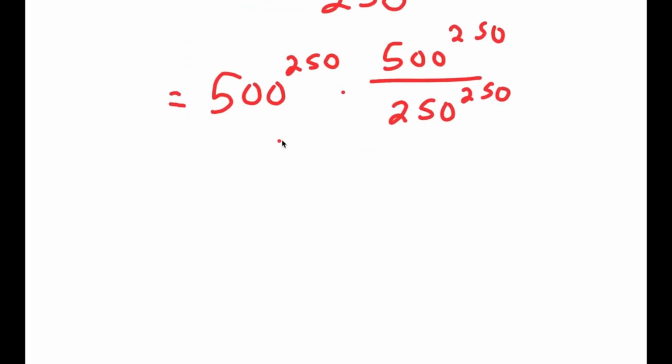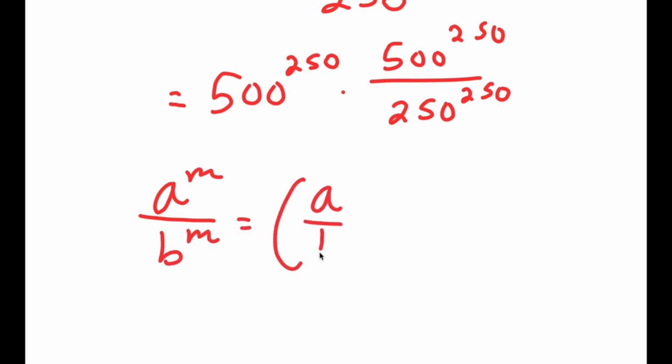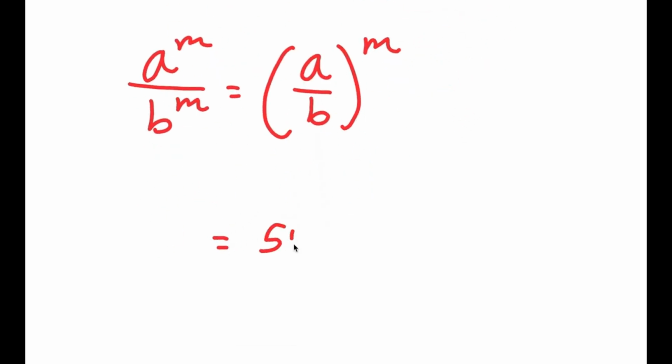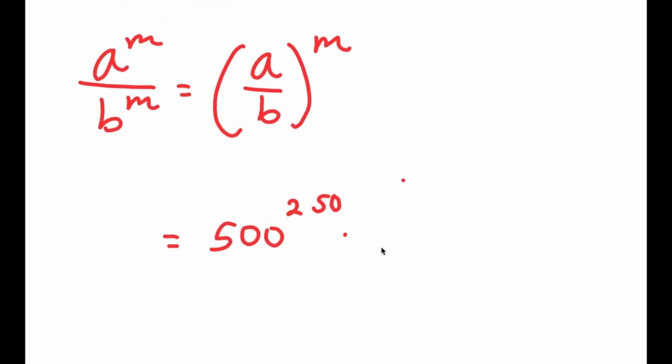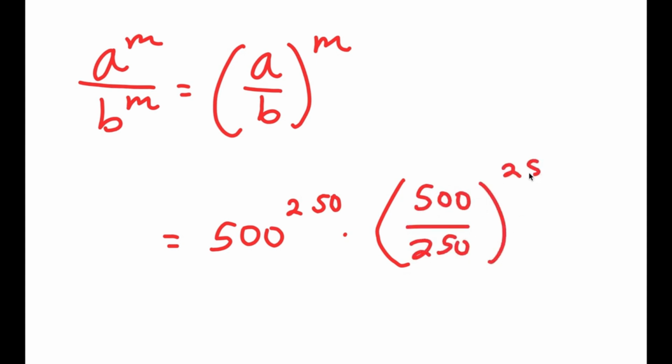Now, if I have something in the form a to the power of m over b to the power of m, this is equal to a over b to the power of m. So in this case, I have 500 to the power of 250 over 250 to the power of 250, and I can rewrite that as 500 over 250 to the power of 250.